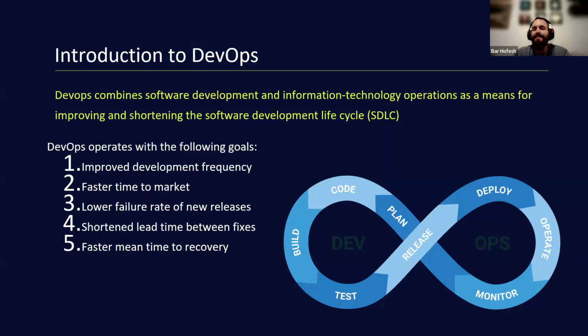Now, what is DevOps? So DevOps is the idea of bringing infrastructure and operations and IT and all of the not really R&D helpers to the R&D, and allow those two teams, the development and operations, to work together in a continuous cycle.